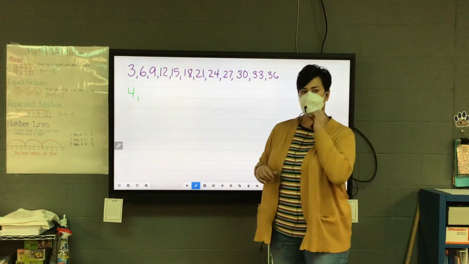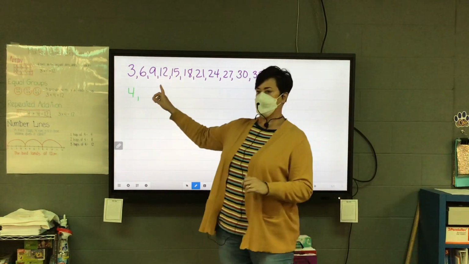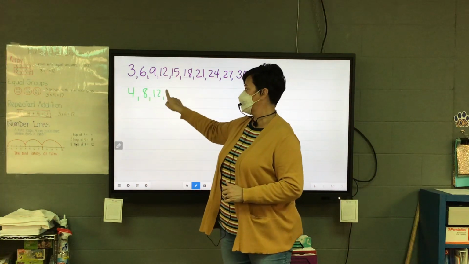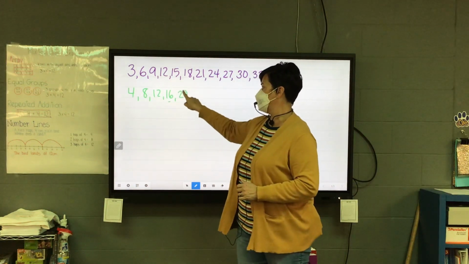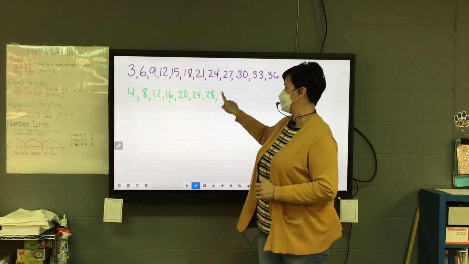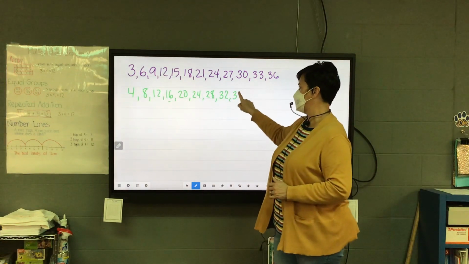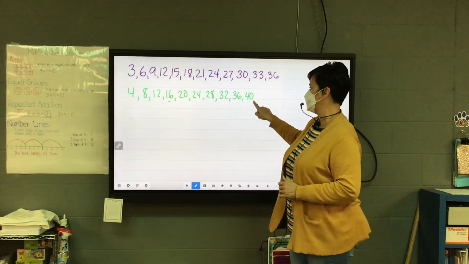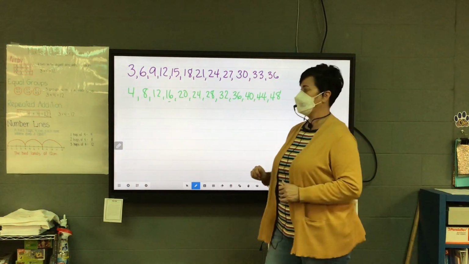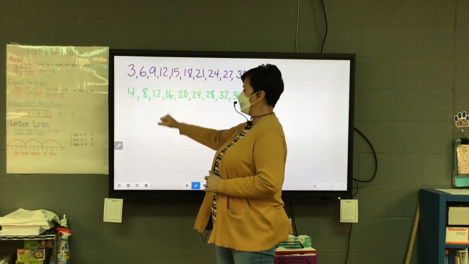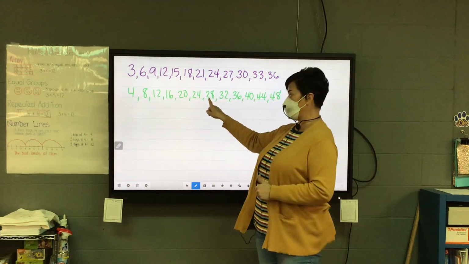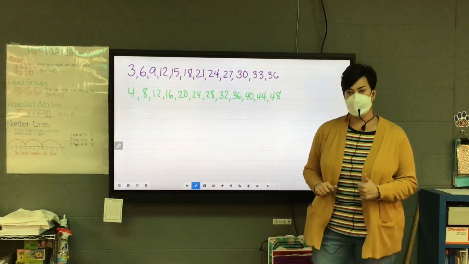Okay, let's go through those multiples of 4. 4, 8, 12, 16, 20, 24, 28, 32, 36, 40, 44, 48. Okay, so if we look at this one right here, this would be 4 times what equals 28?